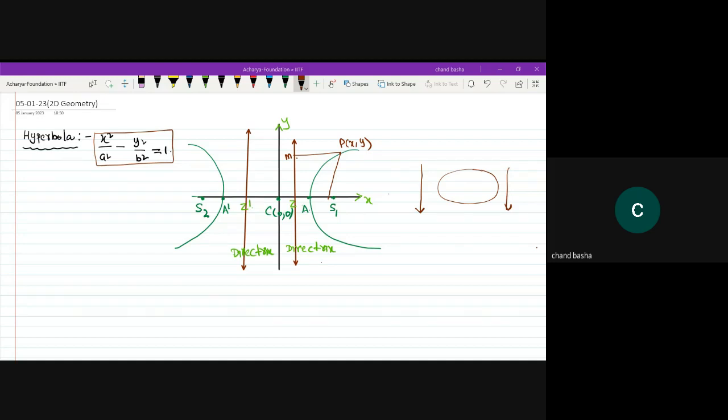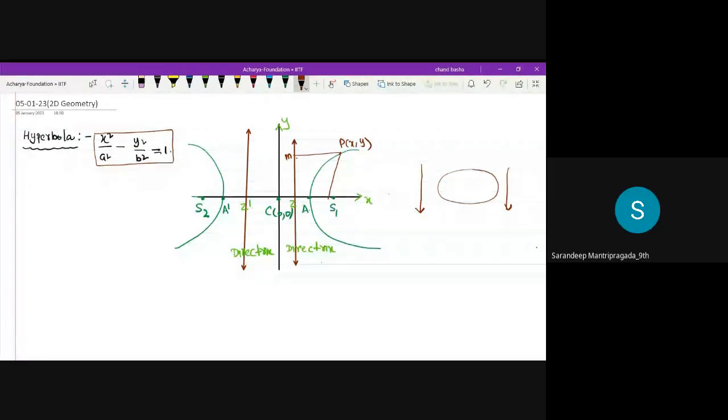All these points are not necessary. You can just remember the equation of the hyperbola, the equation of the parabola, and the equation of the ellipse, and only their shapes. You have to remember the shape. Clear? Yes, sir. Any doubt?